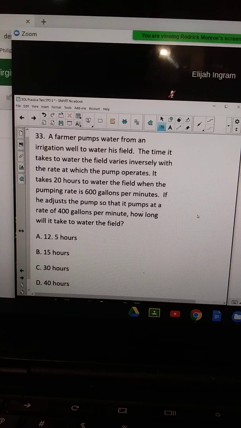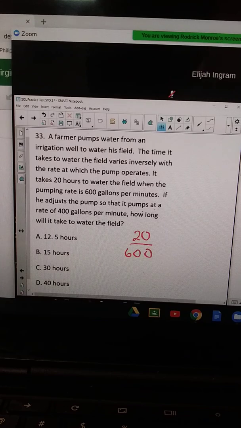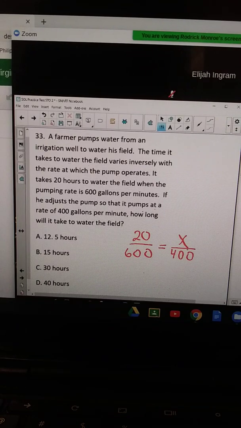So what we gotta do here? We do 20 over 600 equal x over 400. Okay? We cross multiply. This is 600x equal 8,000.